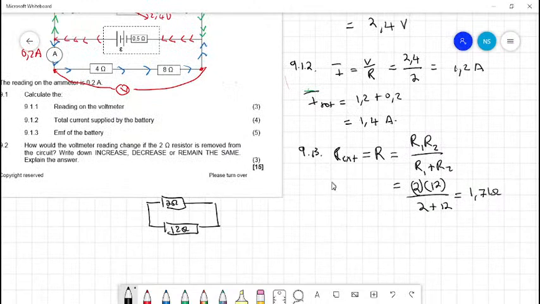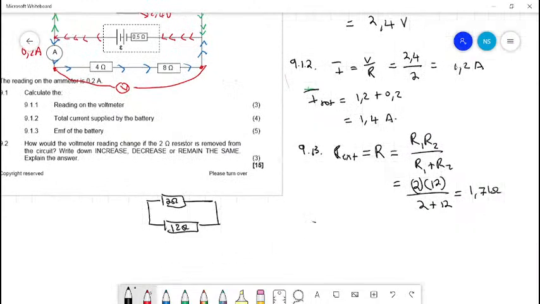So if we have our R external, we can simply calculate our EMF as EMF equals I times R plus small letter r. The current that we have here is the total current of the circuit, which is 1.4, times the R external, which is 1.7, plus the internal resistance, which is given to be 0.5.